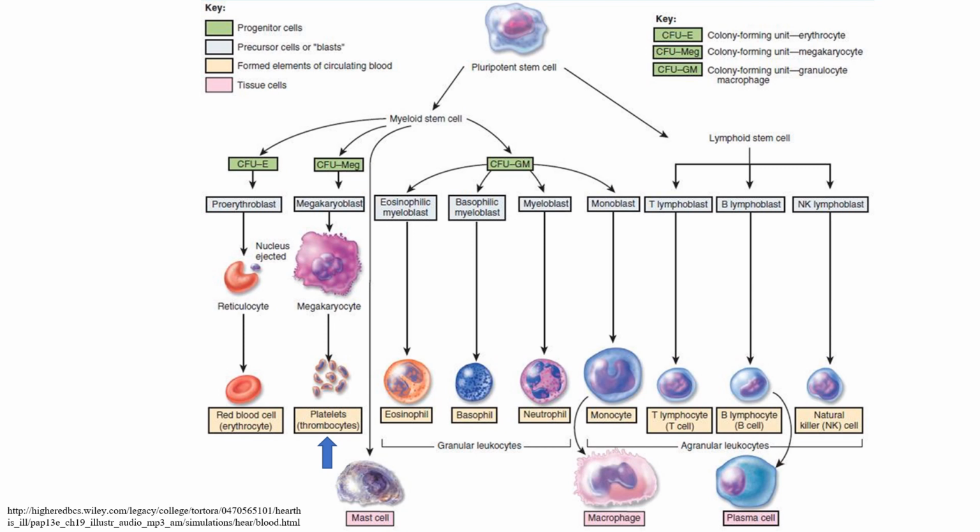Coming back to this original picture that we saw a while back, pluripotent stem cells can become lymphoid stem cells or myeloid stem cells.